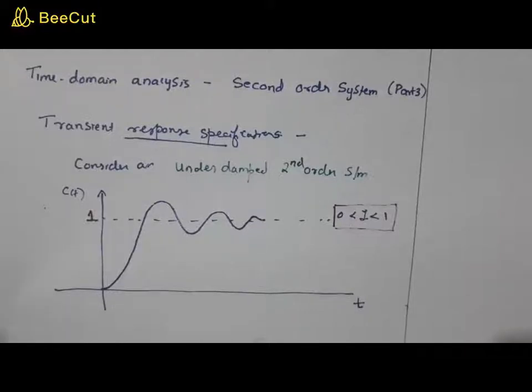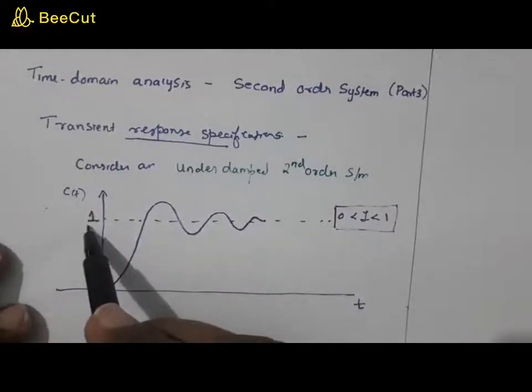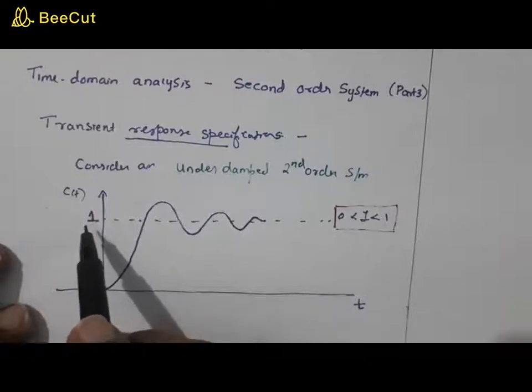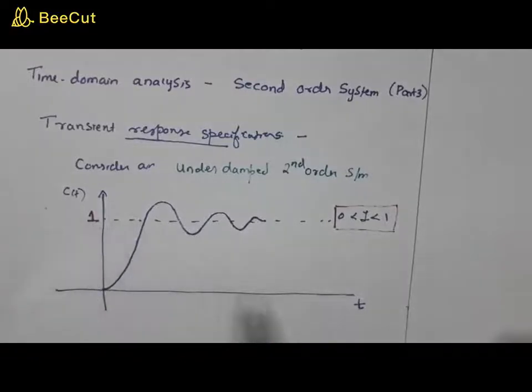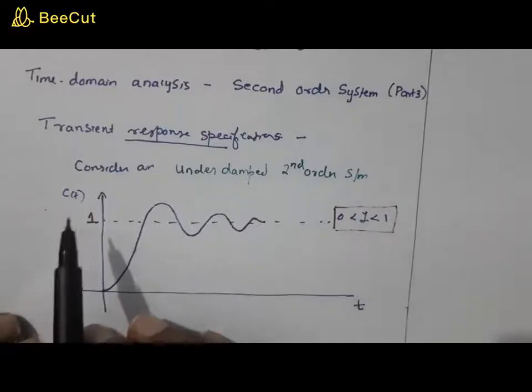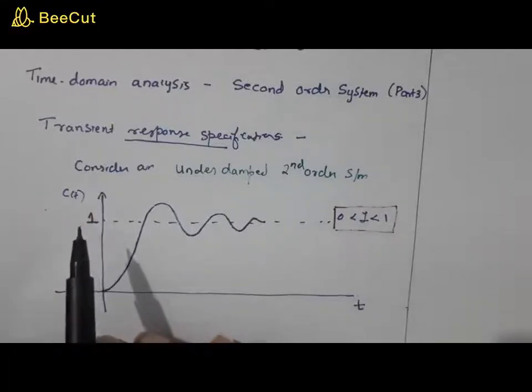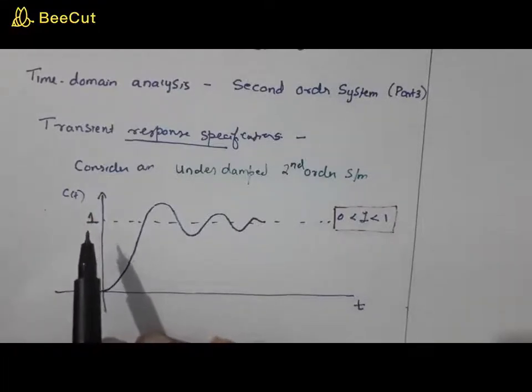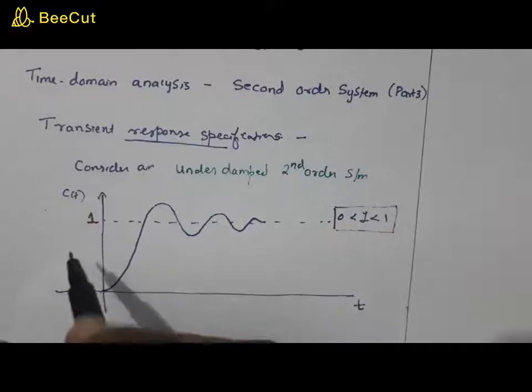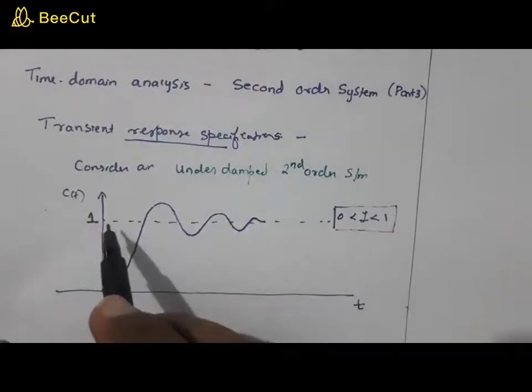As far as a control system is concerned, the output must be maintained at 1. If you are giving a step input, it means you are giving the set input as a step, so the set input is the value which you are desiring the output to be. So output must be equal to 1.